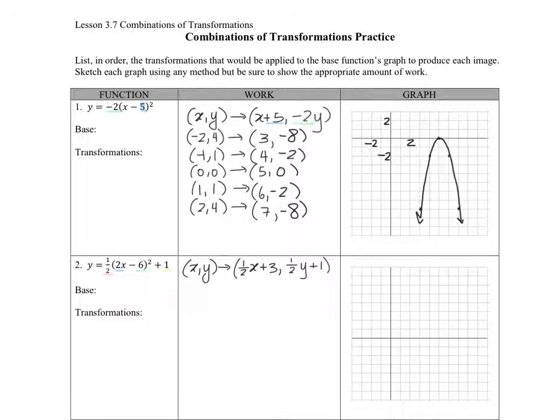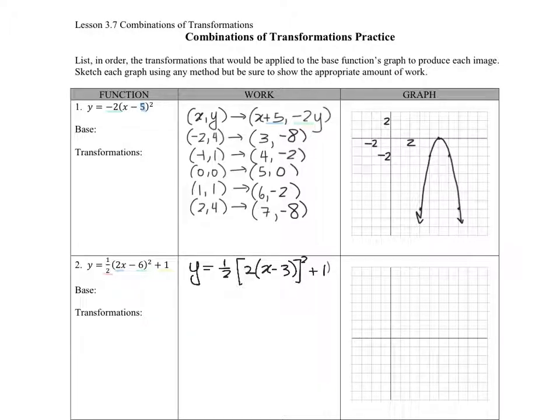So I will rewrite this function as y equals half (2(x minus 3)) squared plus 1. So far I've common factored out the 2 from inside the brackets.